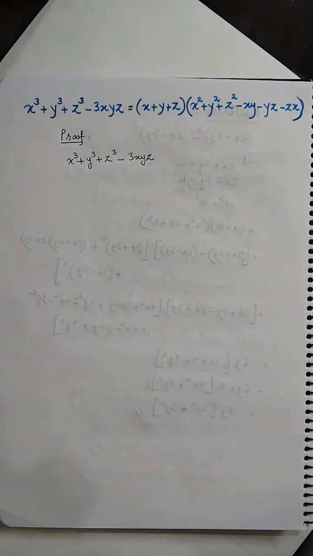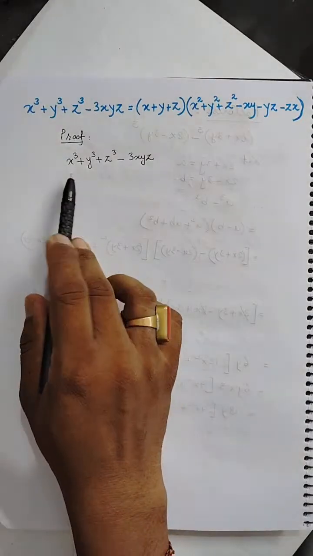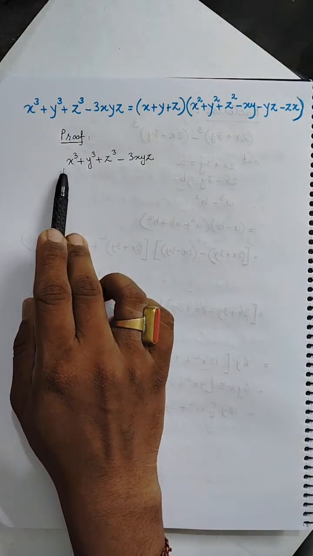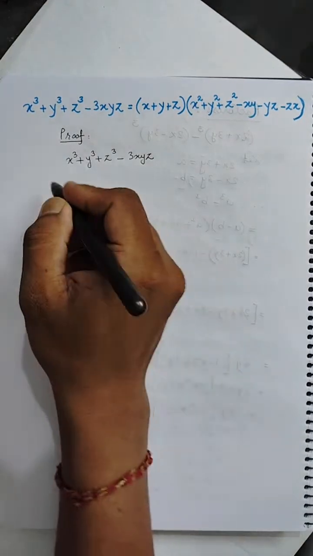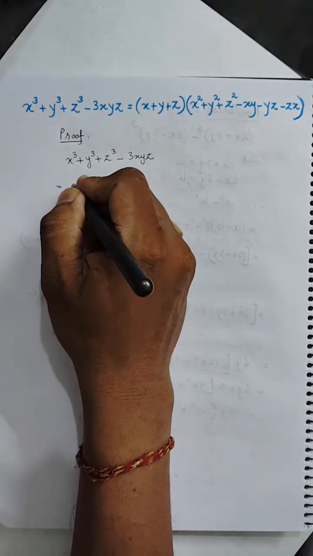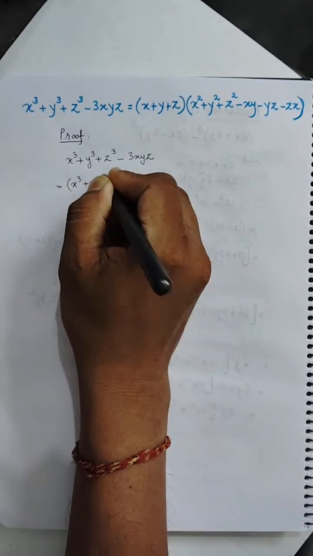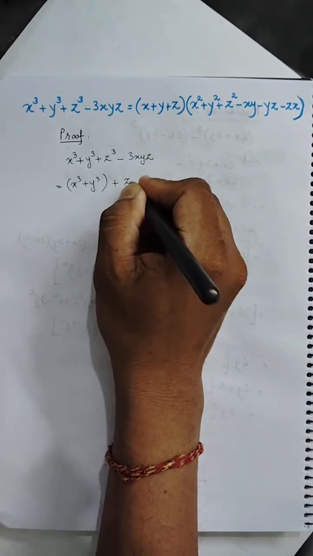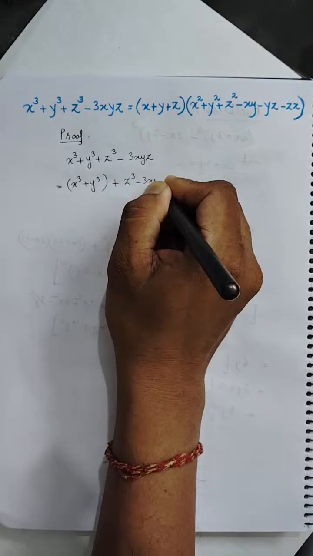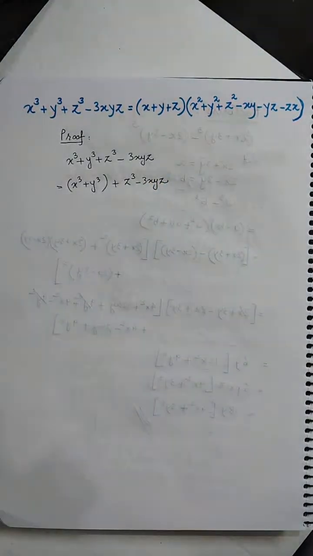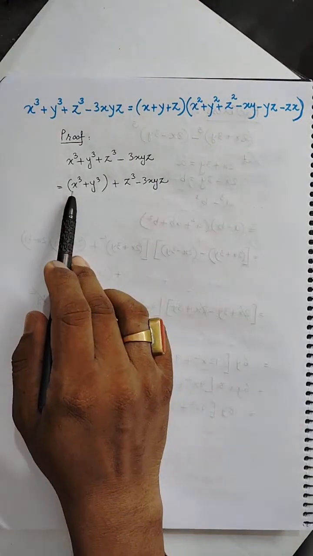What we'll do is make a group of x cube and y cube. I mean, we'll write x cube and y cube within a bracket, and then z cube and minus 3xyz. Okay, so this is x cube plus y cube.